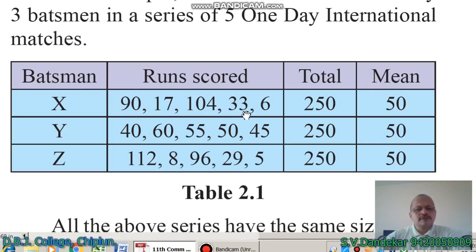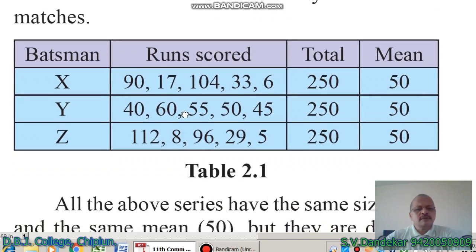But here the first batsman, lowest score is 6, highest score is 104. Once it is in 90s and 3 times he is below 50. The second batsman, 40, 60, 55, 50, 45, 3 times he has scored 50 and 2 times near 50.